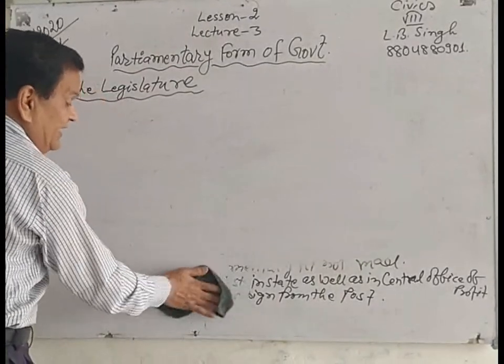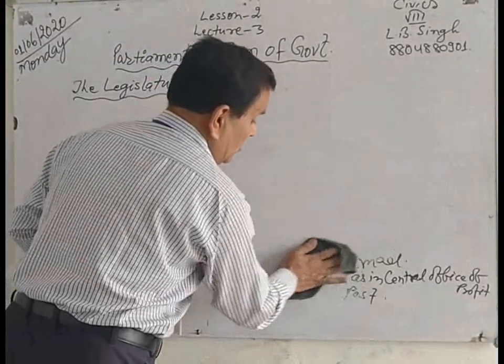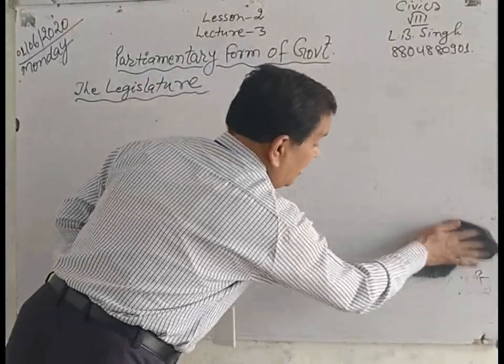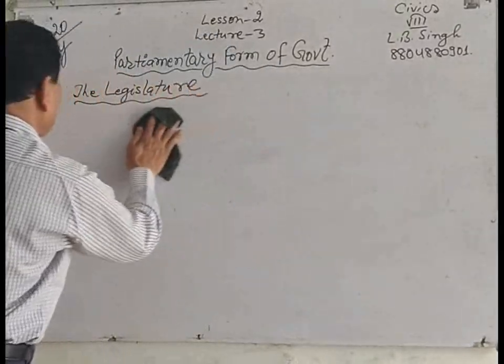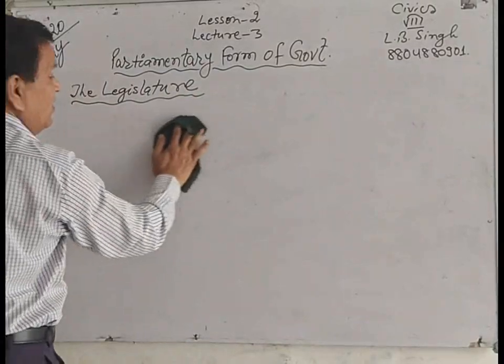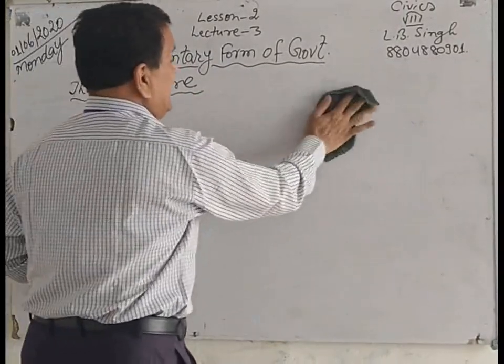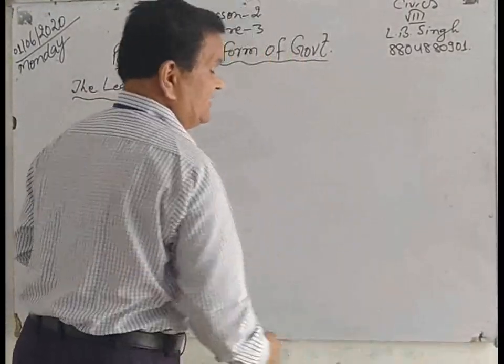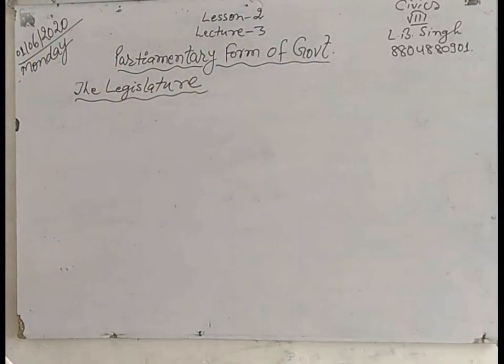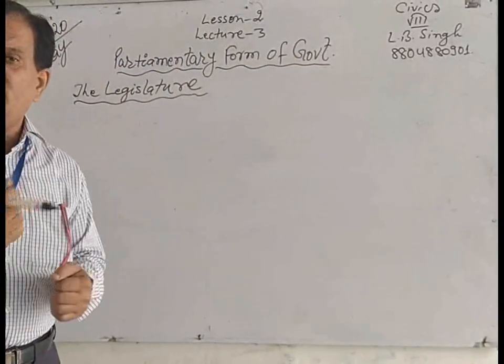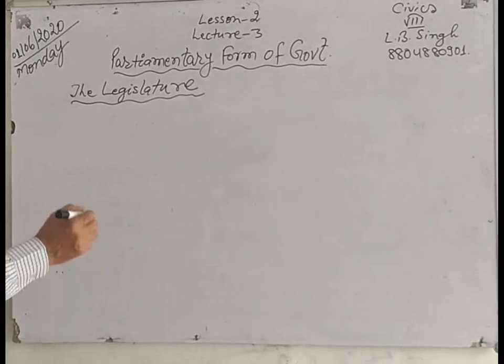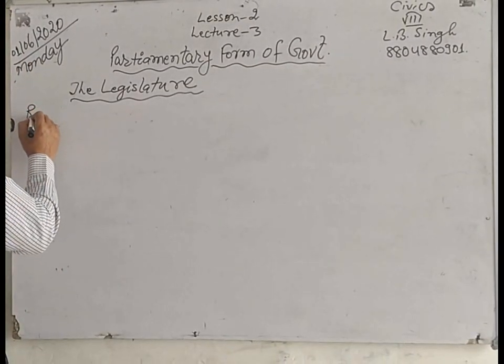That's why this house is called the permanent house. Means it cannot be shifted, it cannot be dissolved. The candidate for a certain period cannot be removed from their post. So we have to study about the Rajya Sabha.